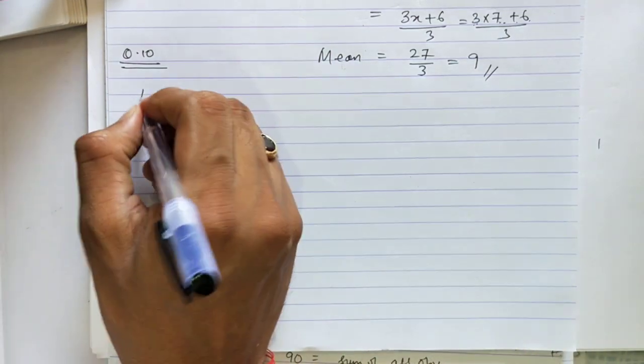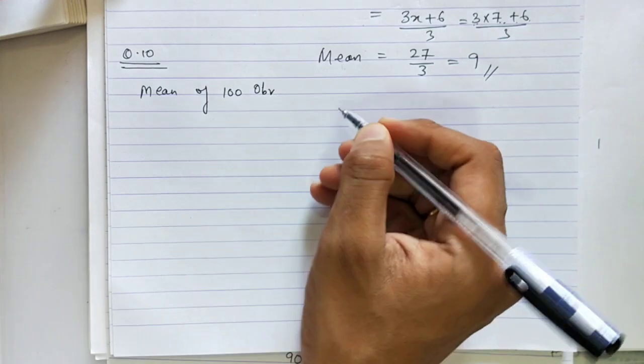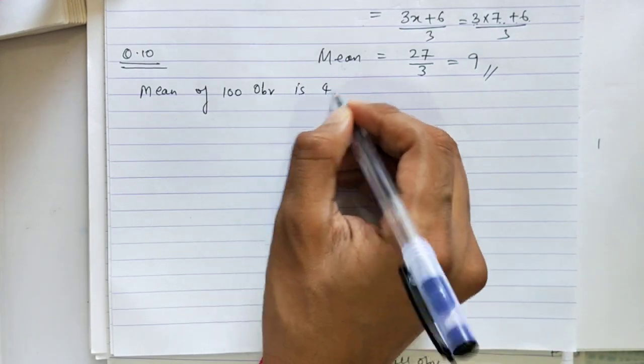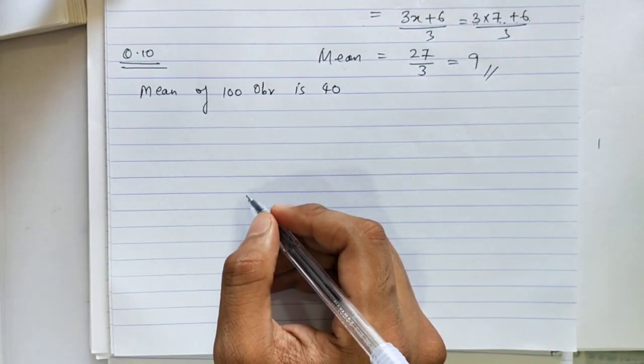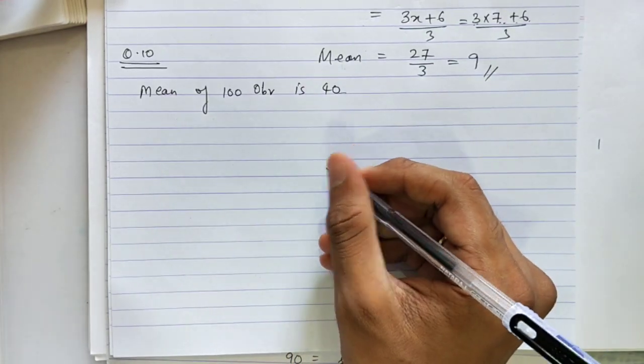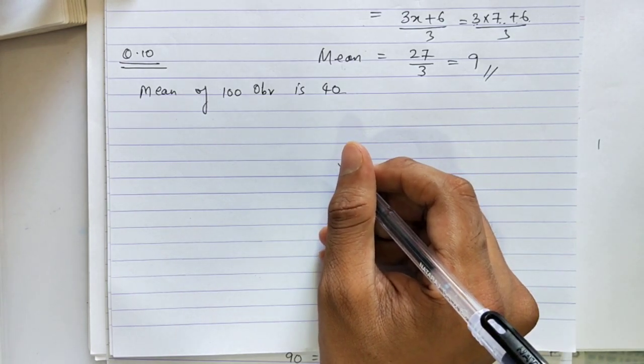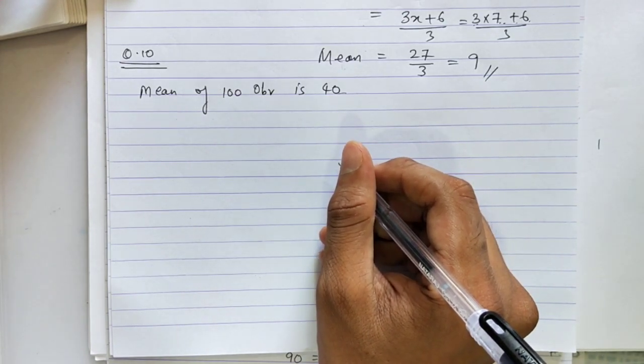They are saying the mean of 100 observations is 40. There are 100 observations and the mean is 40. It is found that an observation 53 was misread as 83.